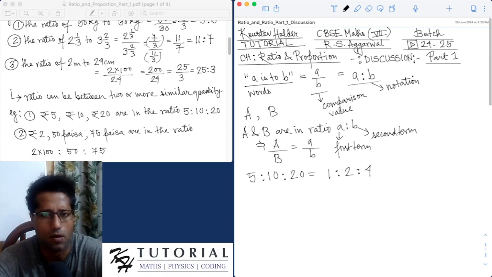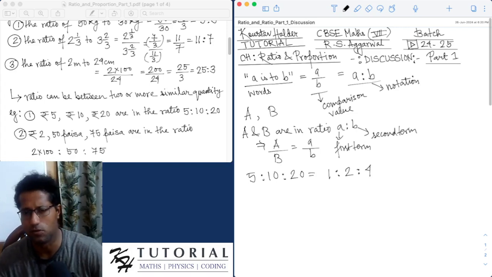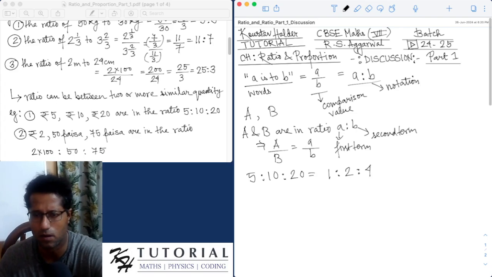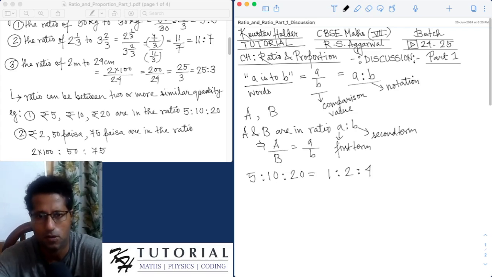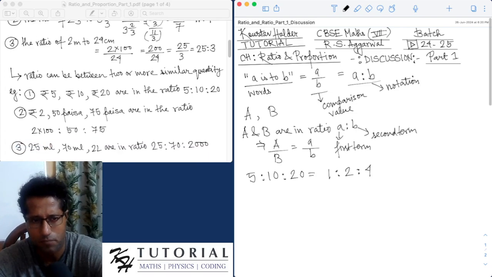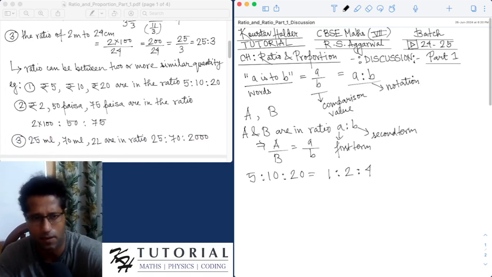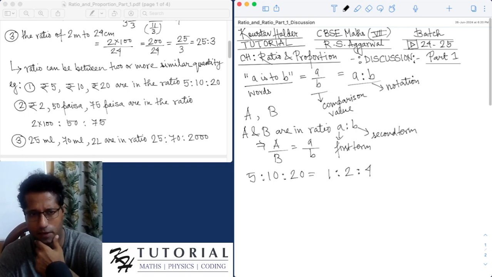Okay. Now always remember that the quantities whose ratio we find should always be of the same kind and same unit. If you see example number 2, rupees 2, 50 paisa and 75 paisa are in the ratio 2:100. Why? The rupees 2 has been converted into paisa.